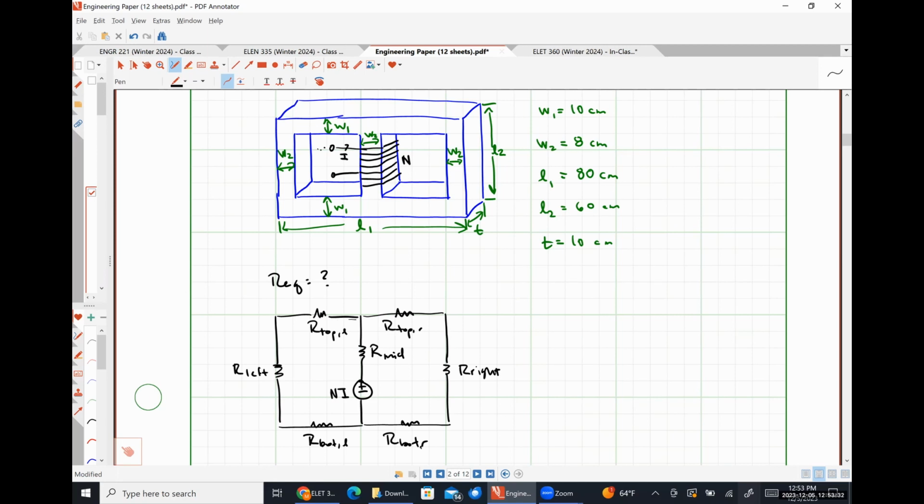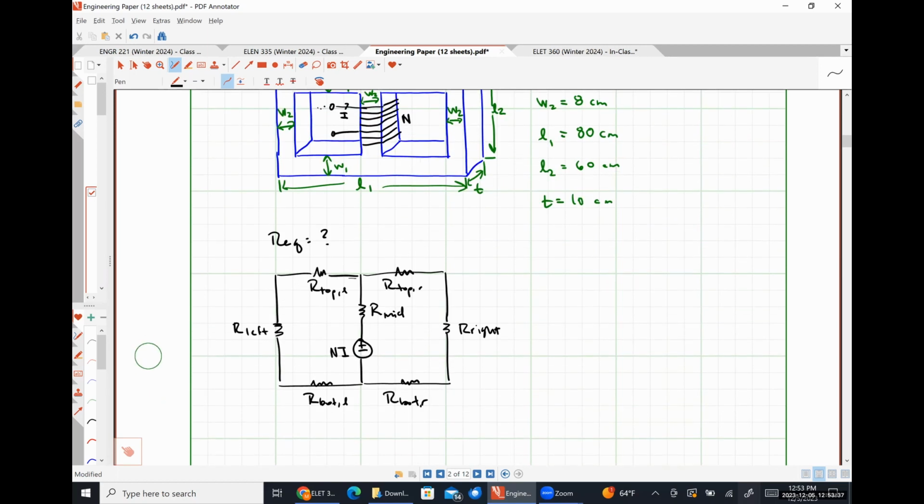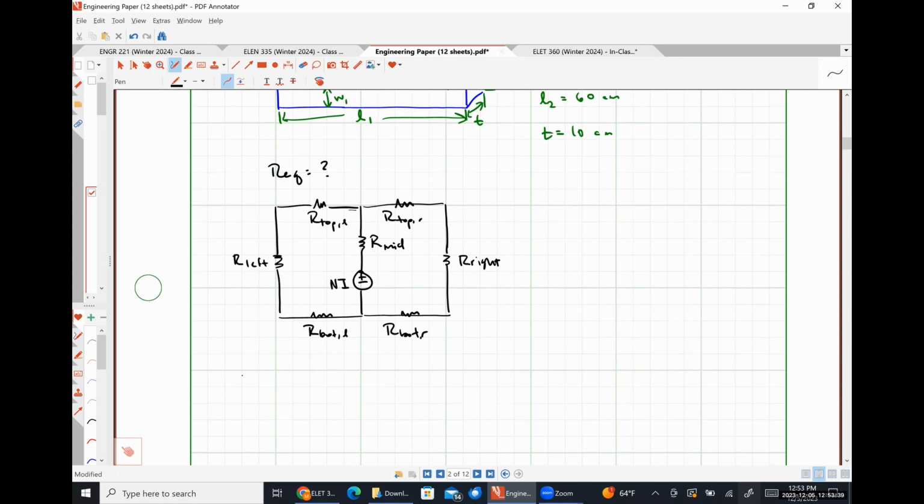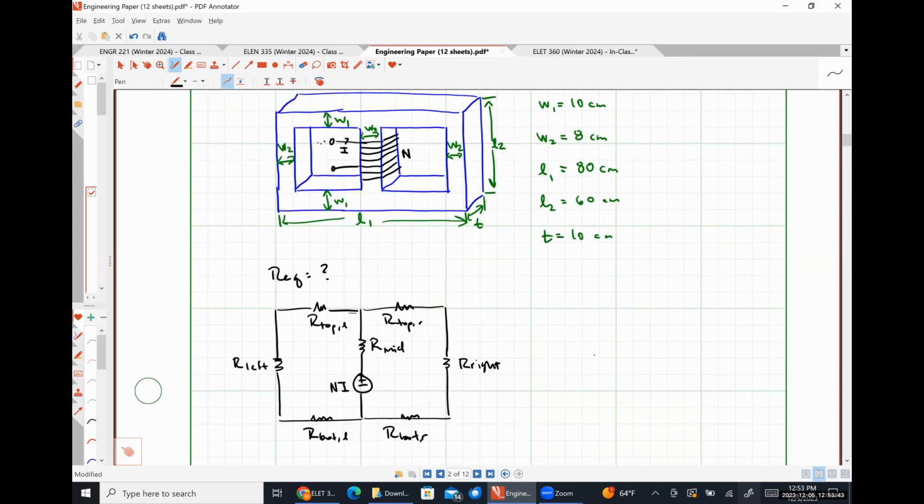So let's start with the left branch, which has an average flux path of however long that line is. So how long is that line I just drew in purple?